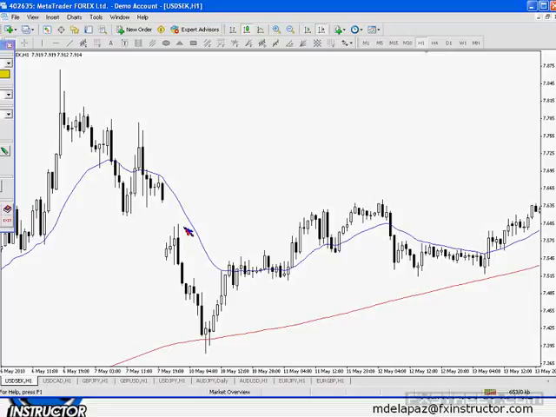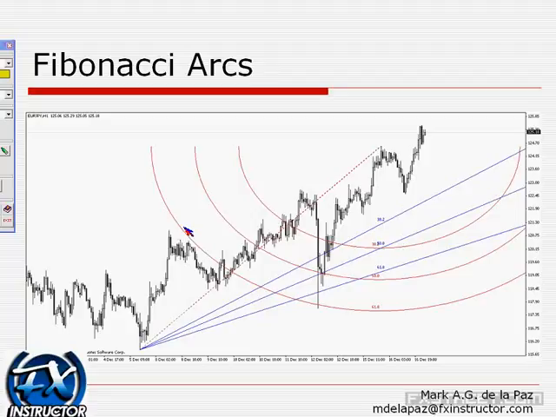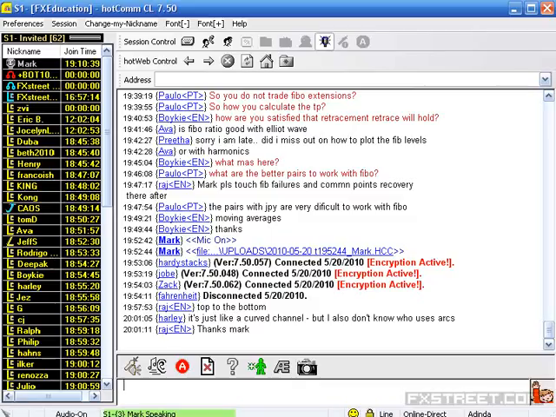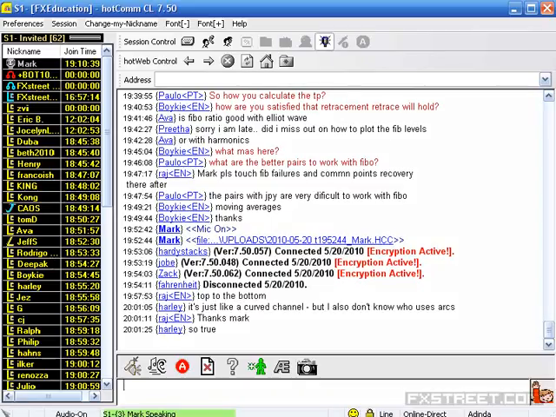Some guys actually believe that Fib Arcs and Fib Fans... Yeah, it's a curved channel. But as you said, I don't know of anyone who uses it.